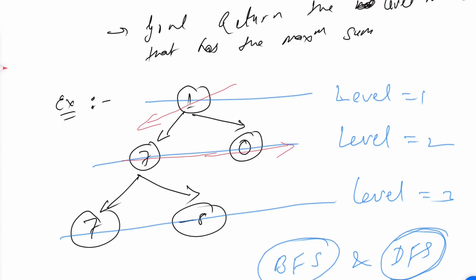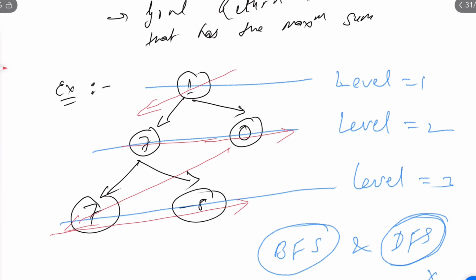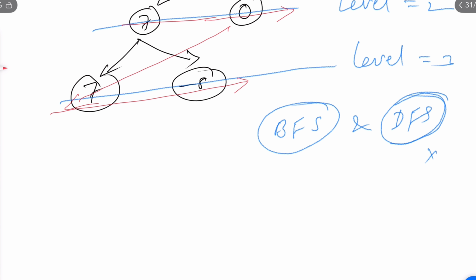Once this level is done, you will come to this level and complete it. Further you will complete like this. So like that zigzag, you will complete all the levels. So level wise, let's go by the level wise approach first.